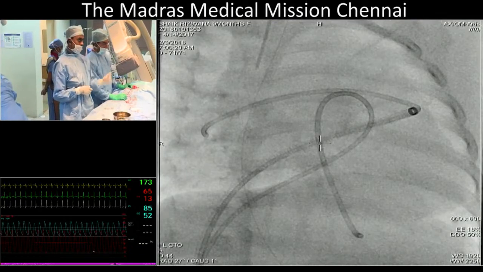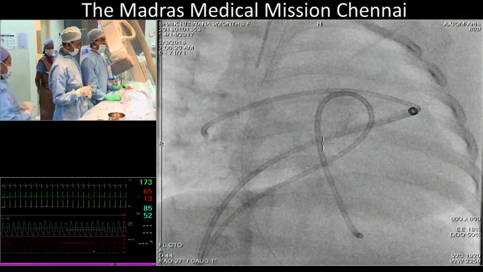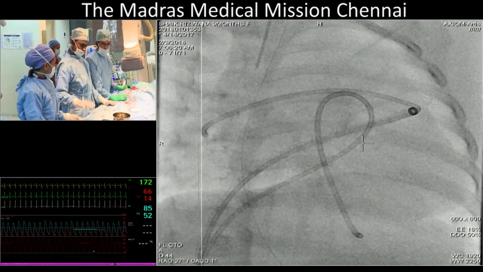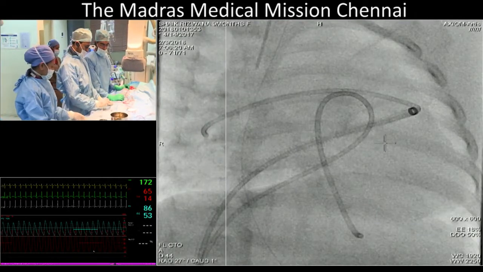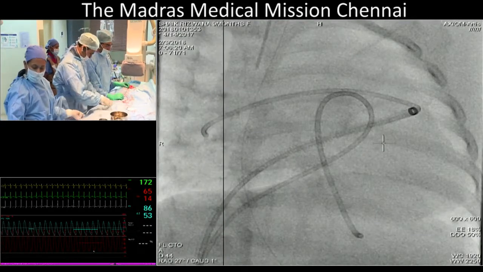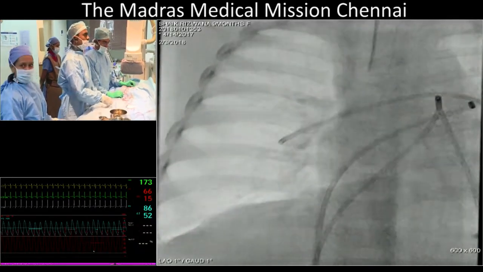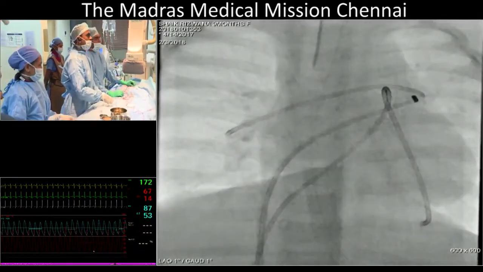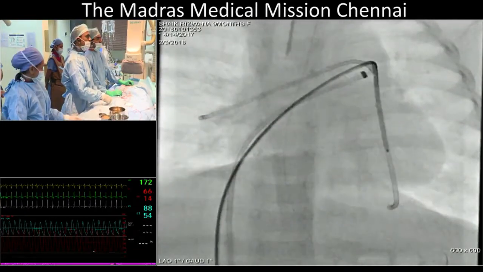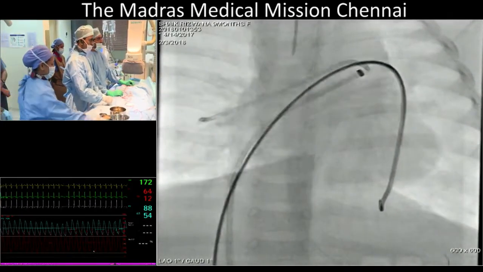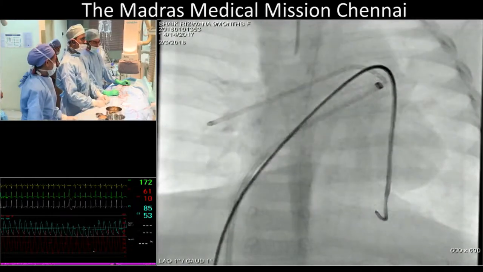So the feeling here is that you've probably done a little bit more than enough, and now don't do anything further with the right pulmonary artery. Because the dissection flap is there, but I wouldn't do anything with that now. So the next question is really just to balloon the left pulmonary artery.